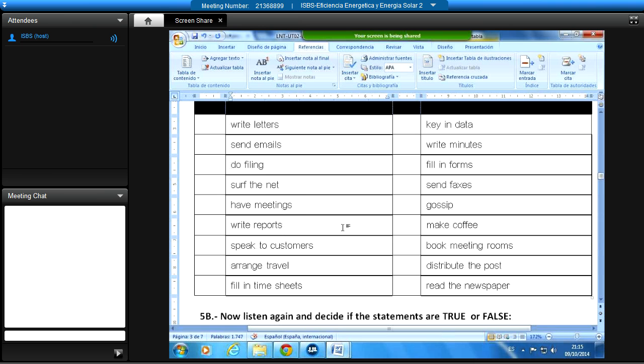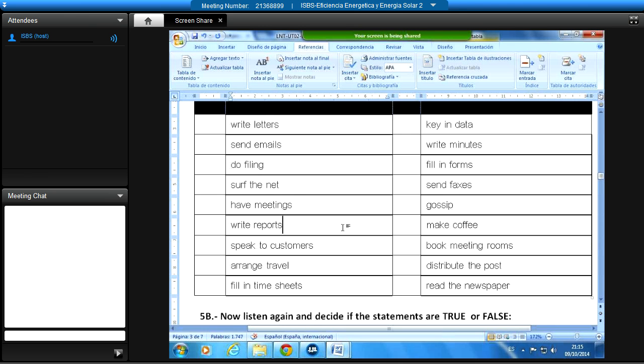What is to fill in? Not filing, fill in. Rellenar, okay? It's like rellenar cuadrantes de horario. For example, when you go to the office and you say, I have to do this and this and this. So after you have finished, before going home, you say, okay, I have done this, yes, but not this. So that's the thing.